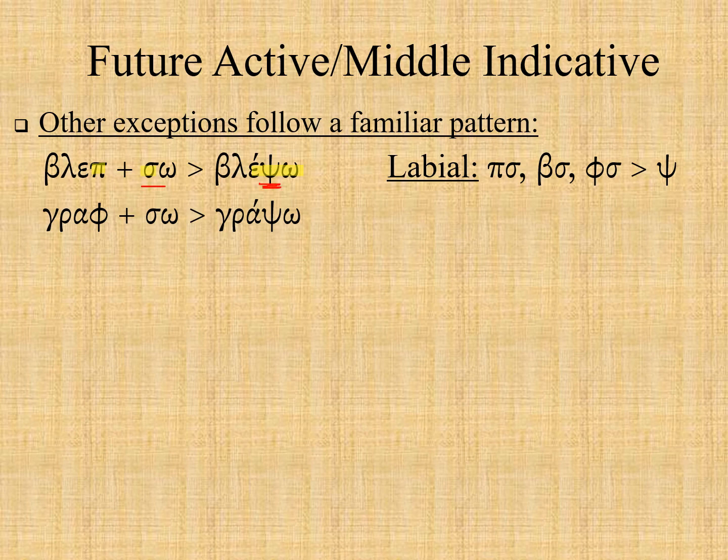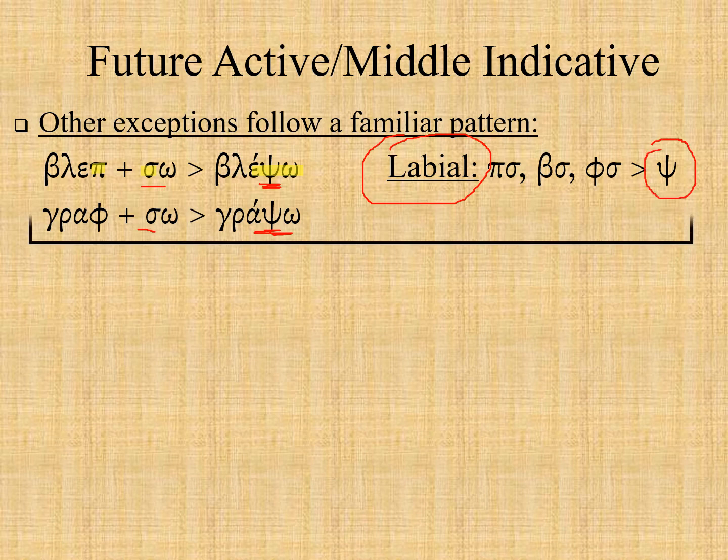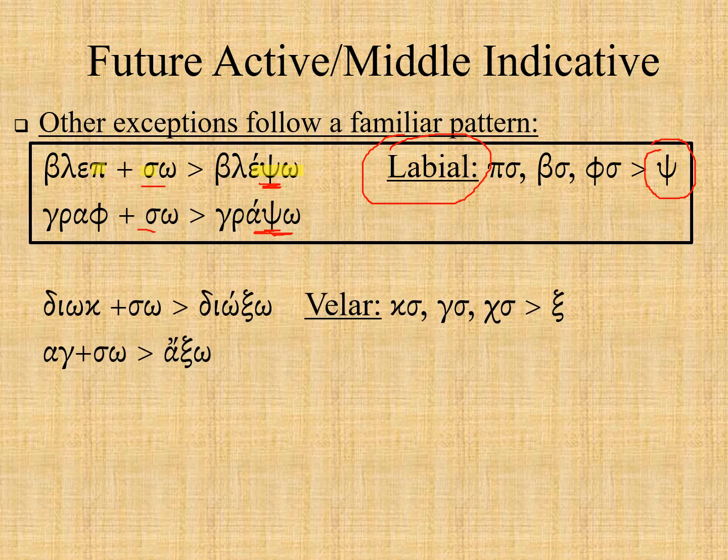Same thing, grapho plus the sigma becomes grapso. So you notice that there's a category of consonants called labials, which would all contract with the sigma into psi. Similarly, we have a group of consonants called velars that would contract with sigma into xi.